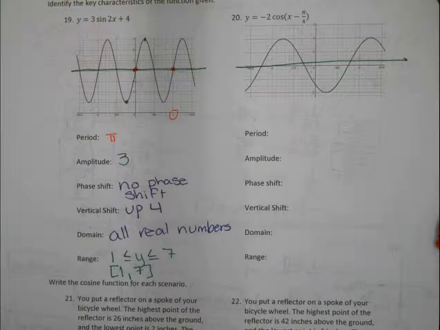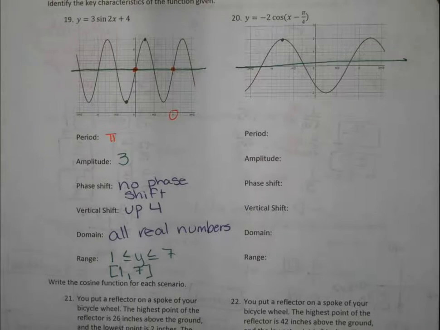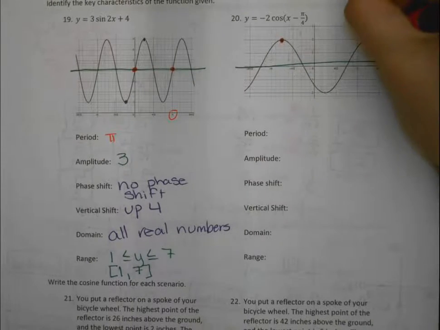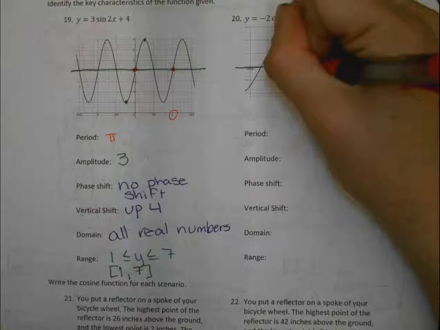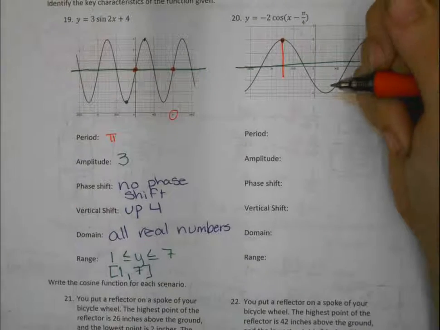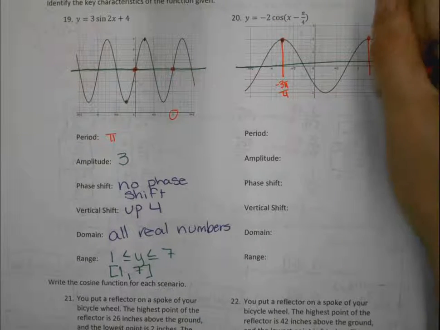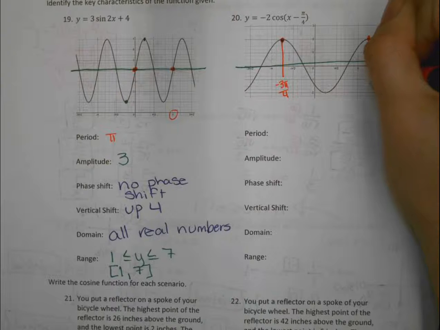Okay. On number 20, I want to see how long it takes to make a full cycle. This one is cosine, so I'm looking from here to here. So this is -3 pi fourths, and this one is 5 pi fourths.